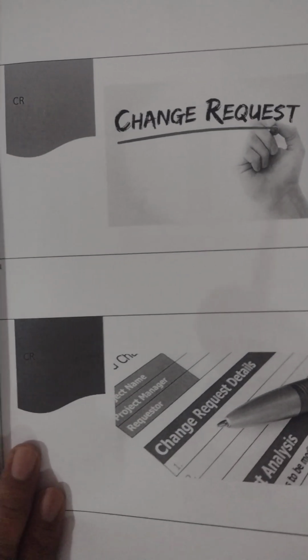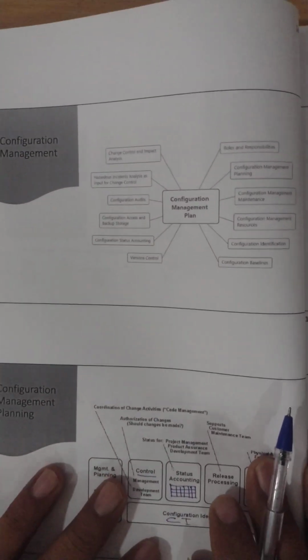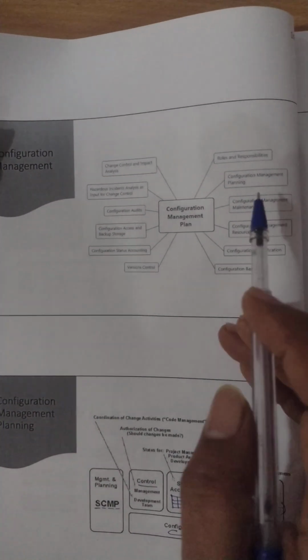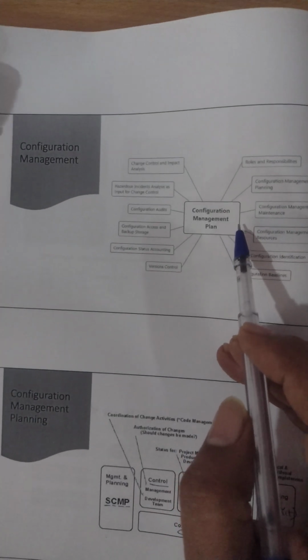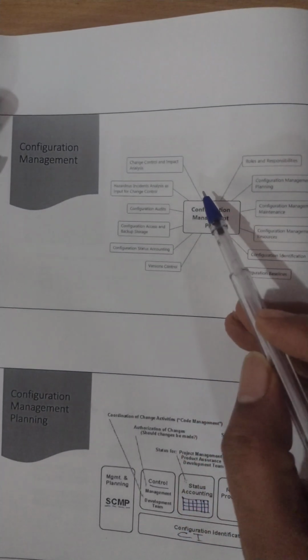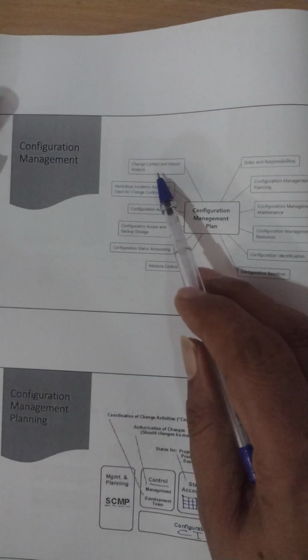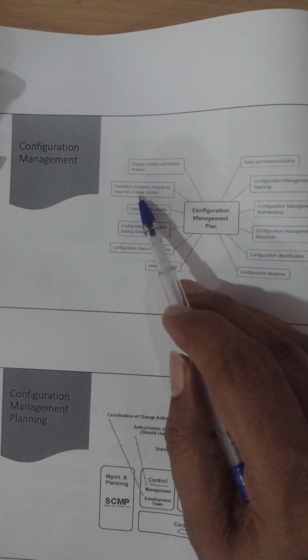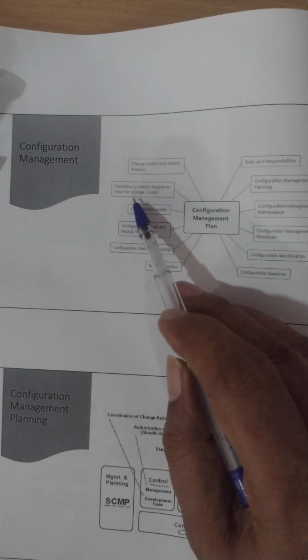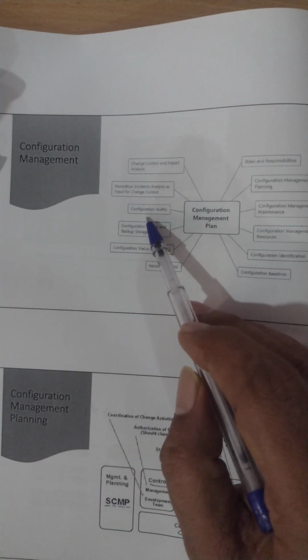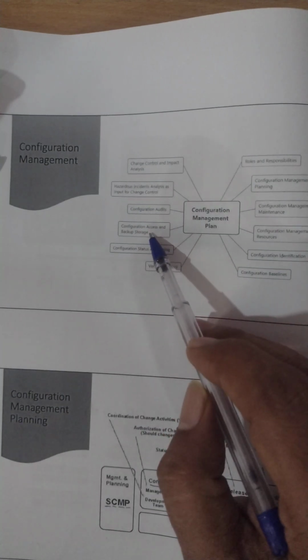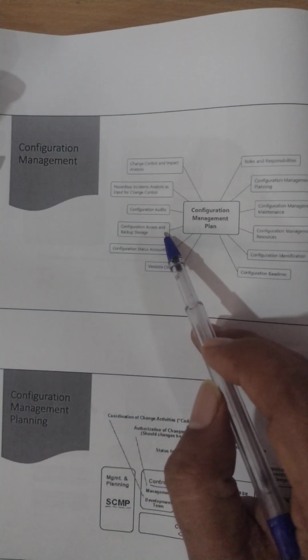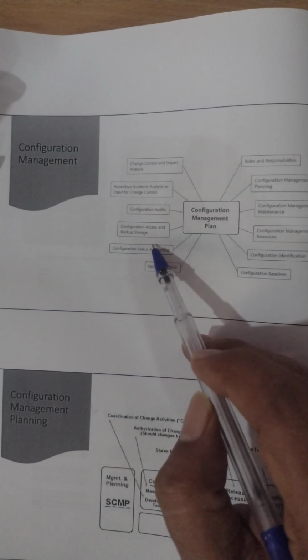Okay, in configuration management there is one plan also we have to prepare, which consists of change control and impact analysis, hazardous incident analysis as an input to the change control, configuration audit to be planned, configuration access and backup storage.